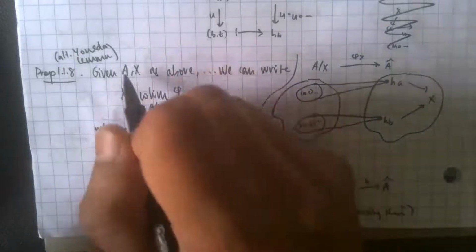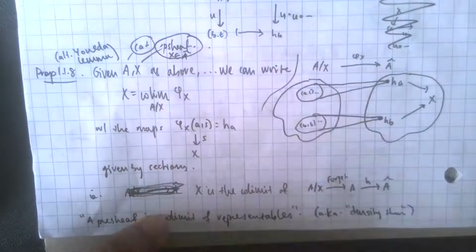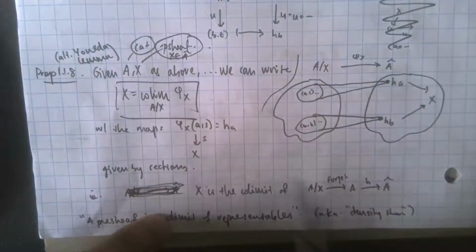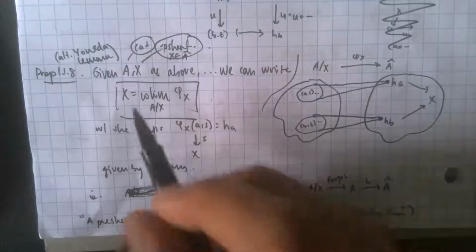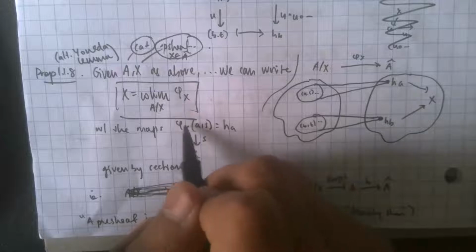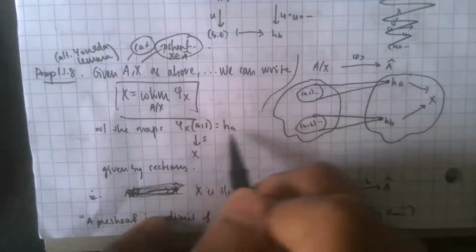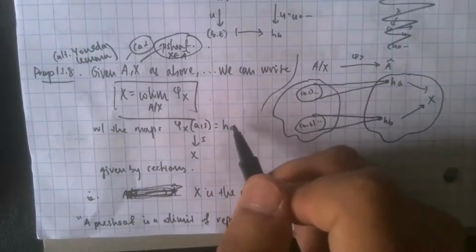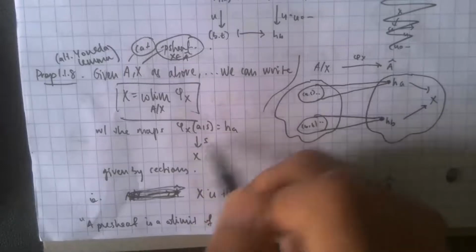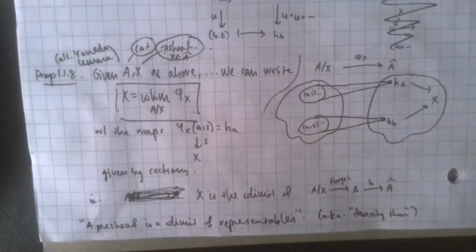Given A a category and X a presheaf over A, then you can write X as the colimit of these phi_X's over this category, where the maps going into X are the sections. So phi_X of a pair (A, S) is this representable guy, and then maps into X are the sections, as we talked about in the Yoneda lemma.